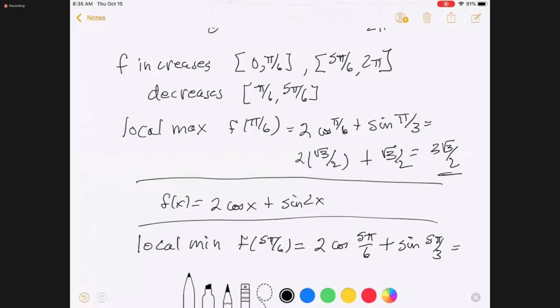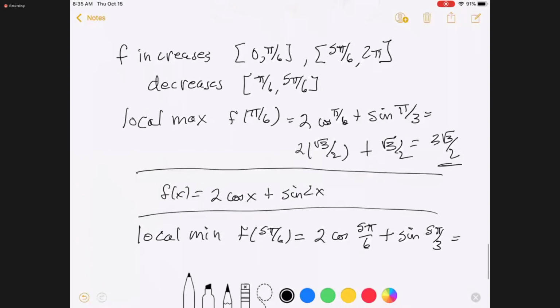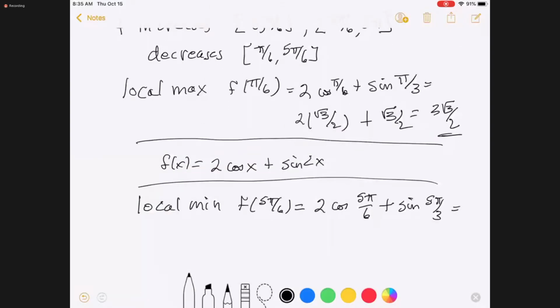Okay, so the cosine of 5 pi over 6, well, the cosine of pi over 6 was the square root of 3 over 2. 5 pi over 6 is in the second quadrant, and in the second quadrant, cosine is negative. So this is going to be 2 times minus the square root of 3 over 2.